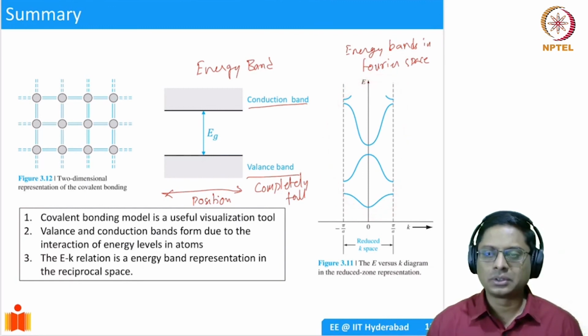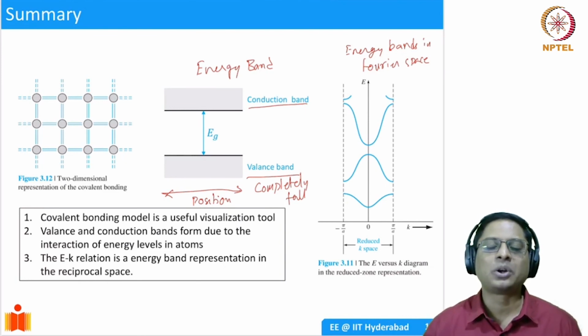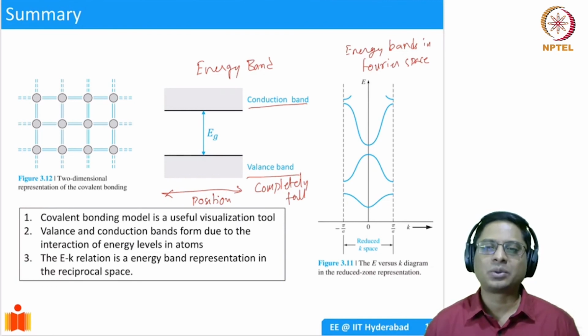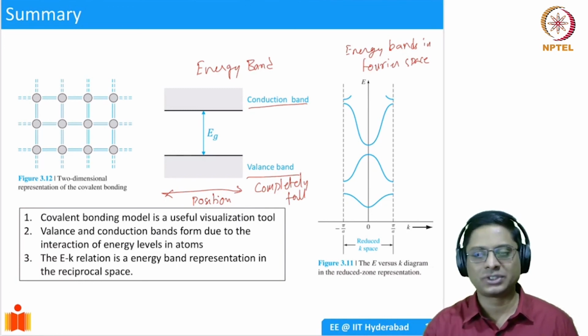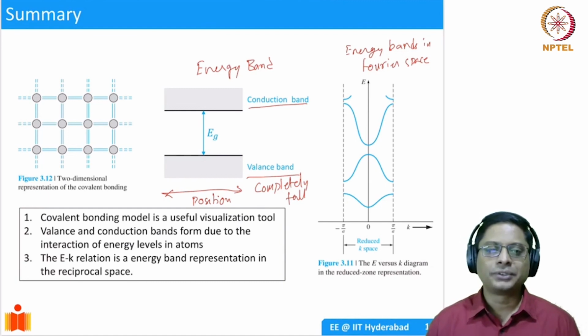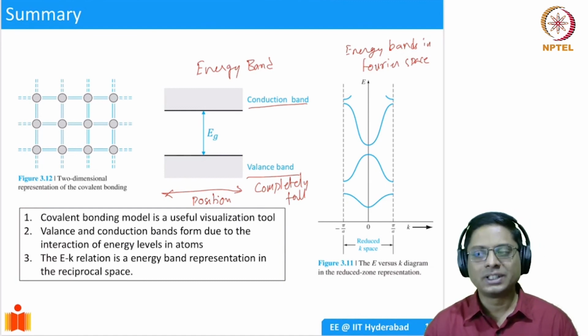We will study it in a little bit of detail. We would have to go into a lot of depth otherwise, which is not necessary for this course at this level. But I just want you to be aware that there are these two types of band diagrams. One is as a function of position x, the other one is as a function of k, in Fourier space. So if you remember these three things from today's lecture and understand them, you'll be ready to go for the next lectures.